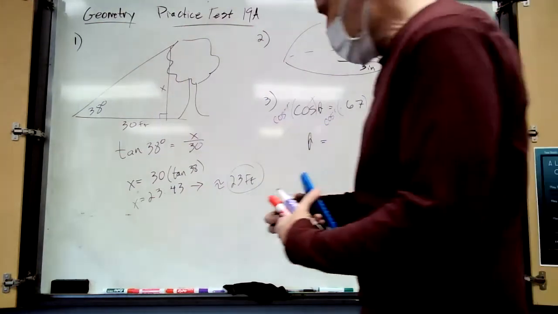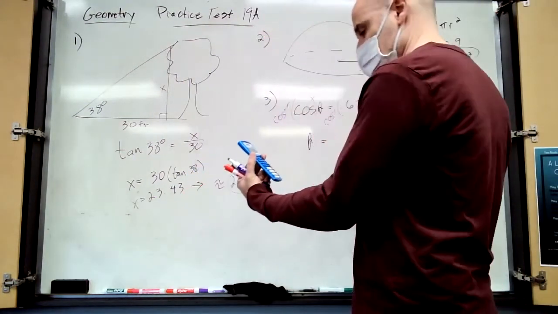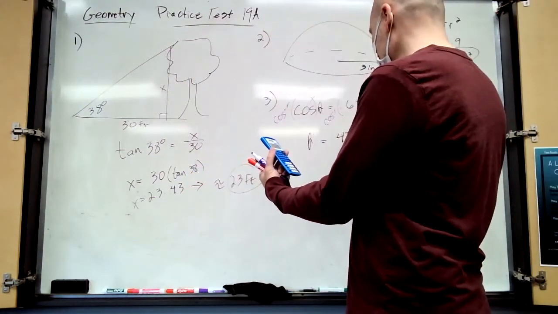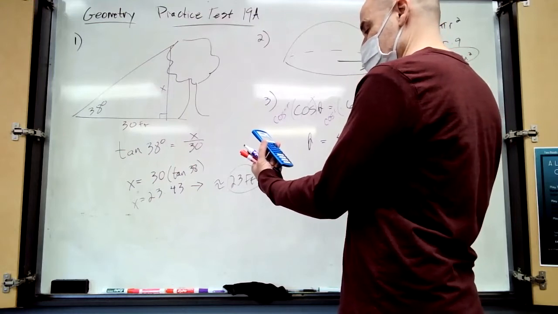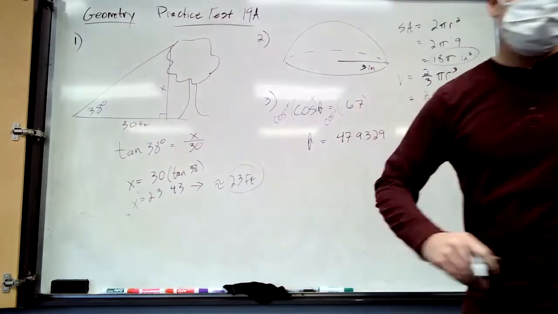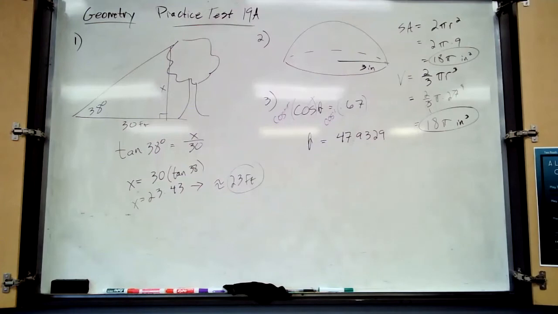So that theta is 47.9329. So when you're doing it this way on the calculator, and you need to write down a number, go out as many decimal places as you can, okay? Because you want the most exact answer you can, okay?